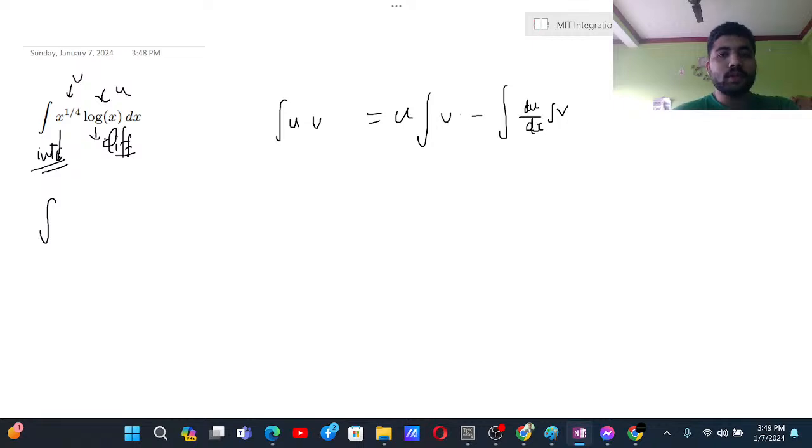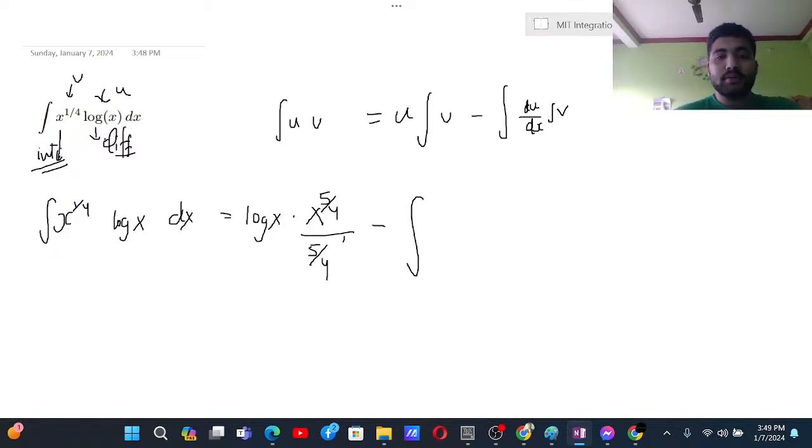So the integral of x to the power 1 by 4 log x dx will be, we will have log x as it is. The integral of x to the power 1 by 4 is x to the power 5 by 4 by 5 by 4 minus, and the integral of, now the derivative of log x is 1 by x, and then integral of x to the power 1 by 4 is x to the power 5 by 4 by 5 by 4 dx.